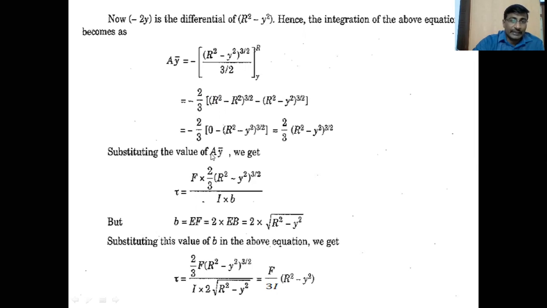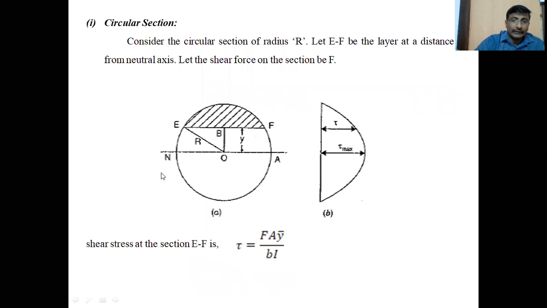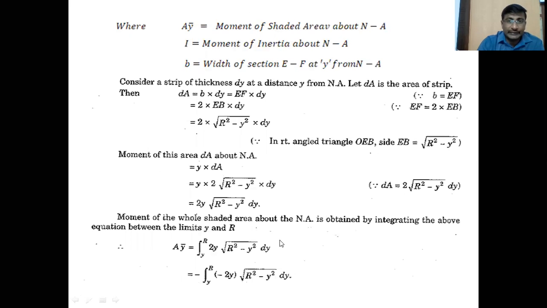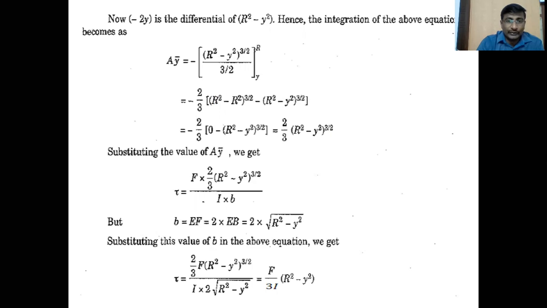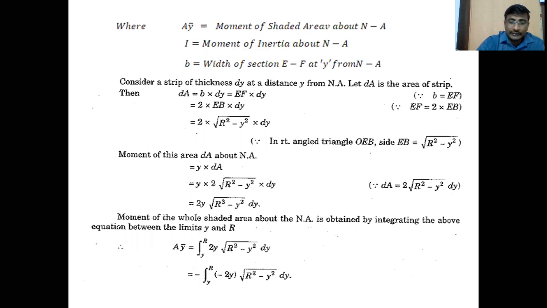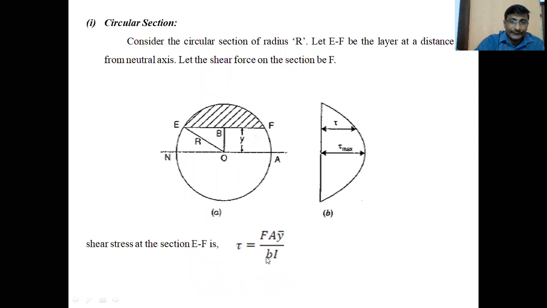So substituting the value of A y bar into our shear stress formula, we can get the shear stress at that particular layer EF. Here A y bar is the formula we derived up to now. Now what is the b value in this formula? b is the breadth of the layer EF.